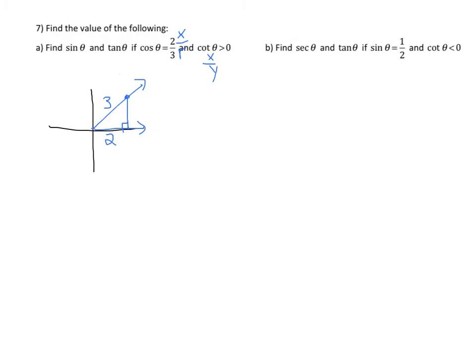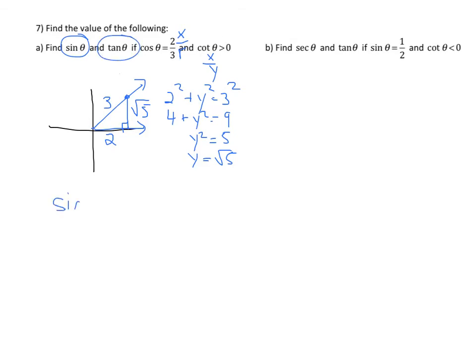So I'm going to use the Pythagorean theorem. 2 squared plus y squared equals 3 squared. And we get 4 plus y squared equals 9. Y squared equals 5. So y would have to be the square root of 5. And now we want to find sine theta and tangent theta.